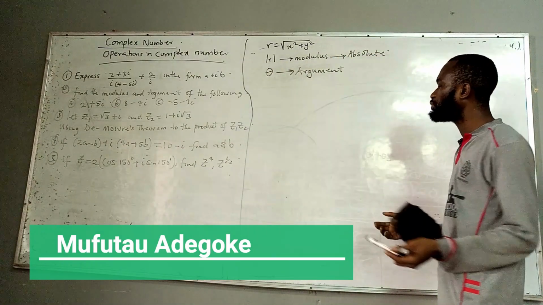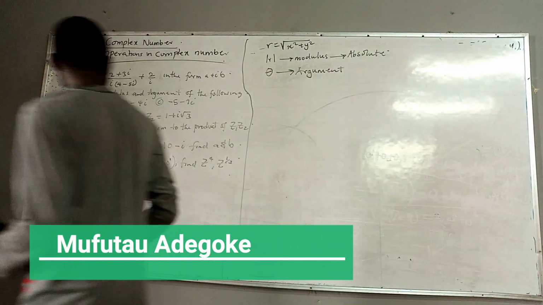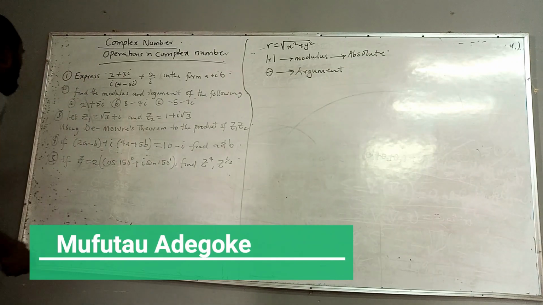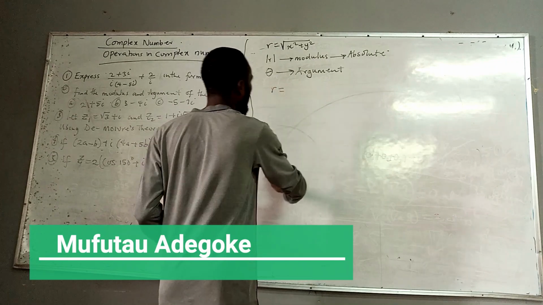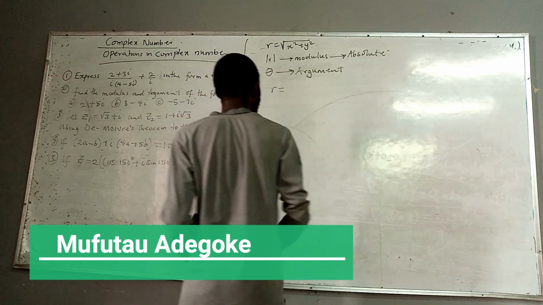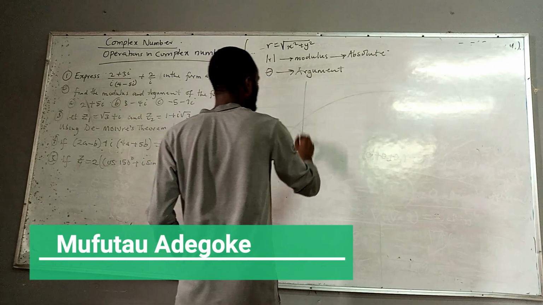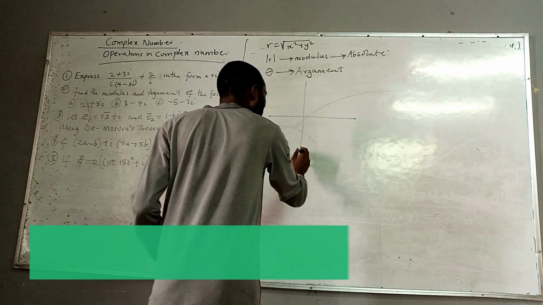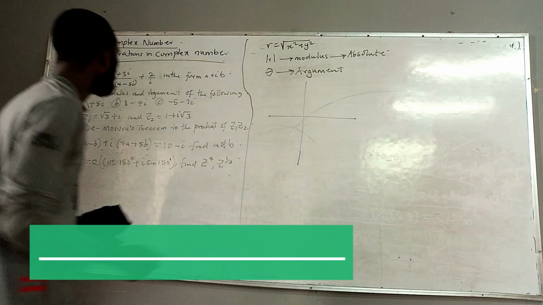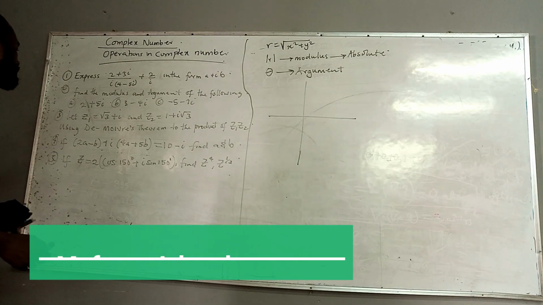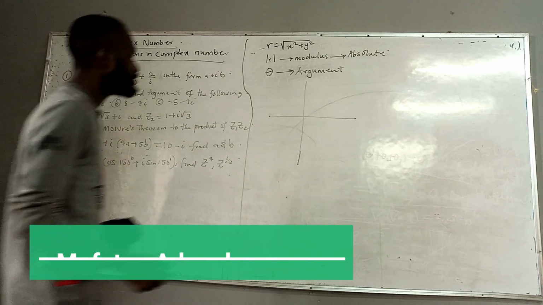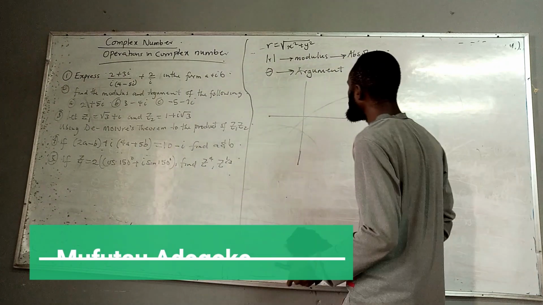We have solved questions, but let me just solve one of them. As I said, it's very easy. When you have this type of question, what is my R from the definition? The first thing, I can draw the Cartesian plane to locate the exact point of the value given. For question A, 2 plus 5i, my x is positive, my y is also positive.